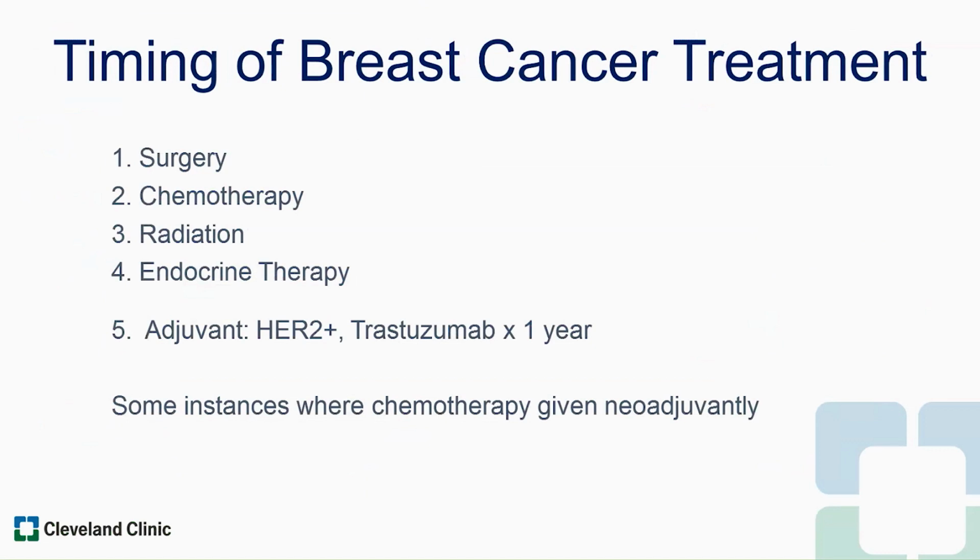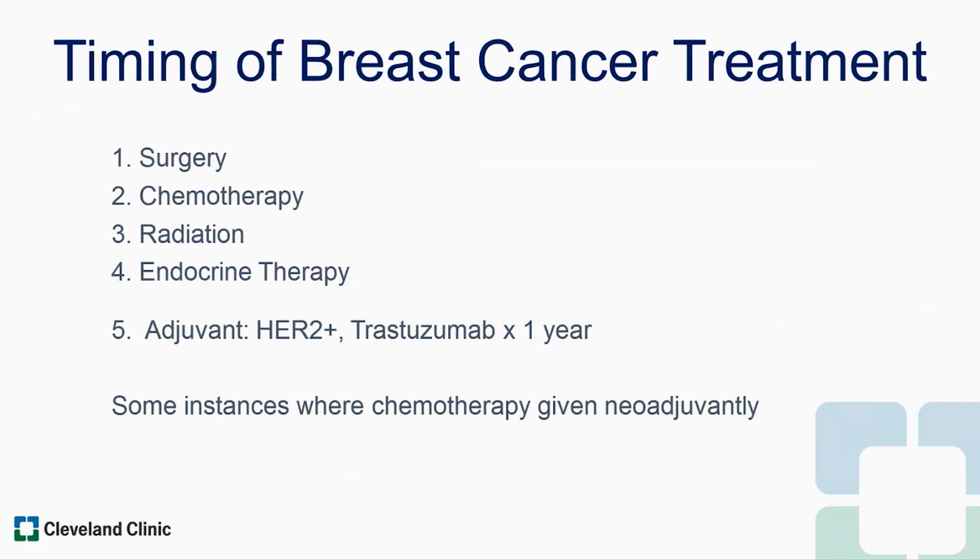And then if the patient's estrogen positive, she would receive endocrine therapy. Now, adjuvantly, that's where a lot of research is coming, but if somebody is HER2 positive, they would receive trastuzumab for 1 year after their surgery to help prevent recurrence.